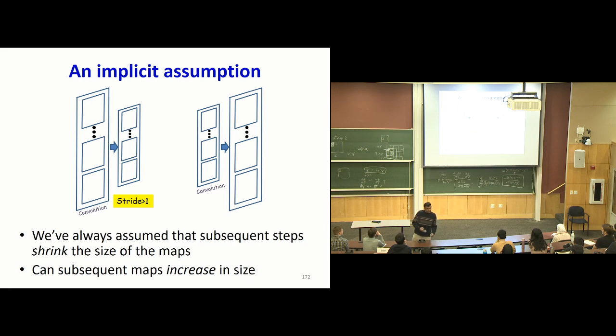Now, what we did is if you had more neurons in any layer than in the previous layer, the size of the output map didn't change. What changed was the number of output maps, right? So although you could have more outputs after any particular layer, the size of the map itself either remained the same or shrank. Can we even increase the size of the map?